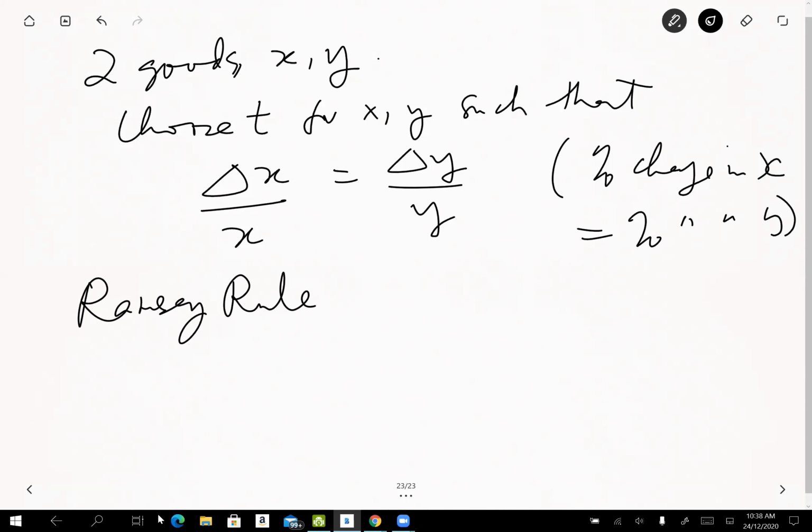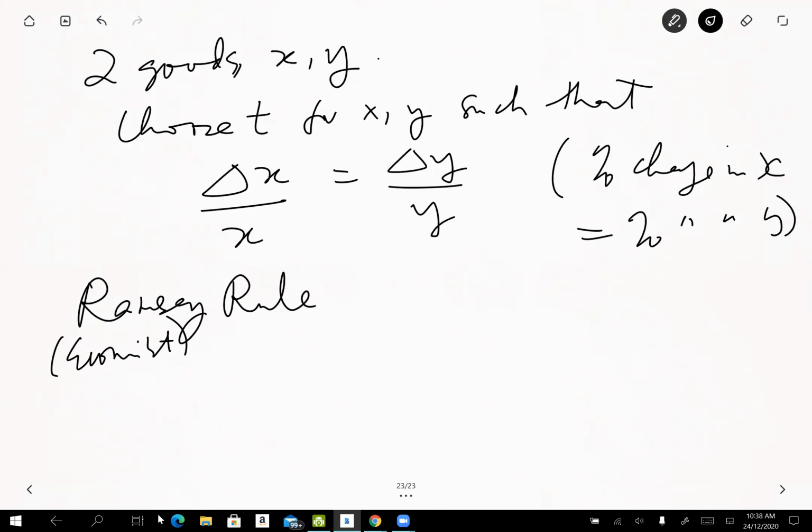I think he passed away in his 30s, but his contribution is quite significant. So this is economist Ramsey. So that is the Ramsey rule. So what is the Ramsey rule? You want to choose T on X and Y such that the percentage change in X must equal to what? The percentage change in Y. So that is Ramsey rule.